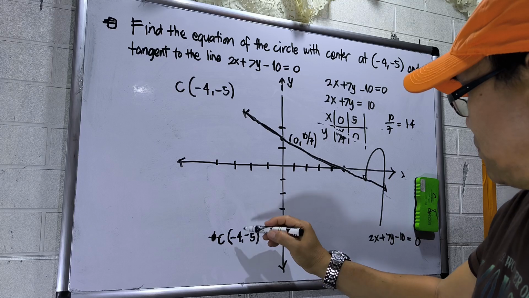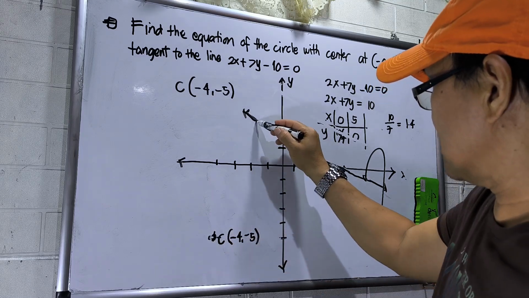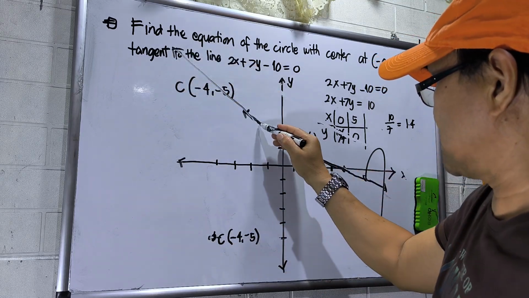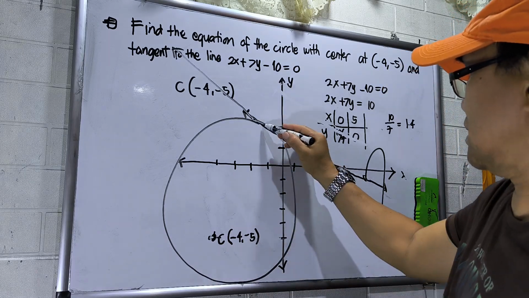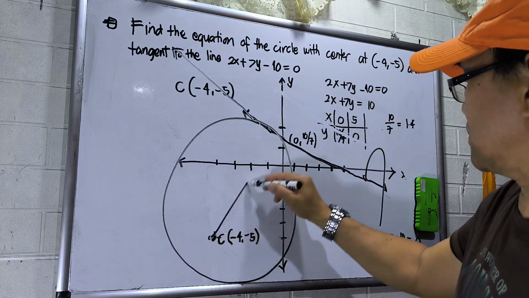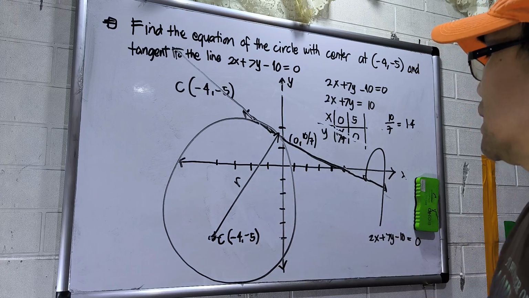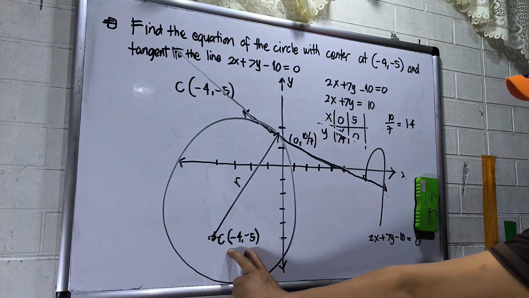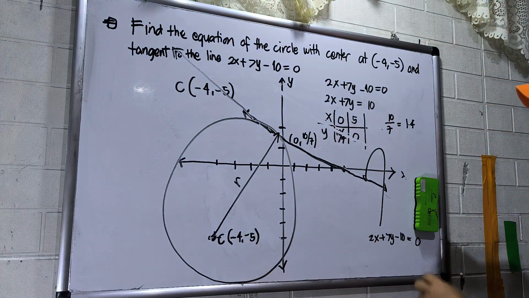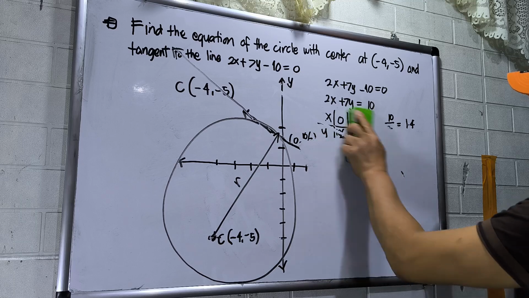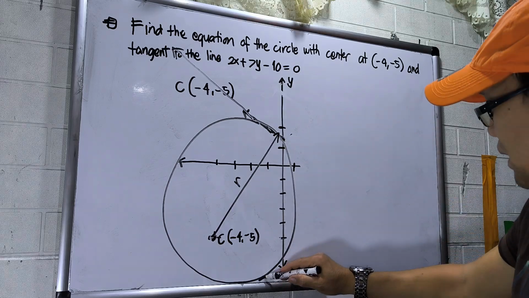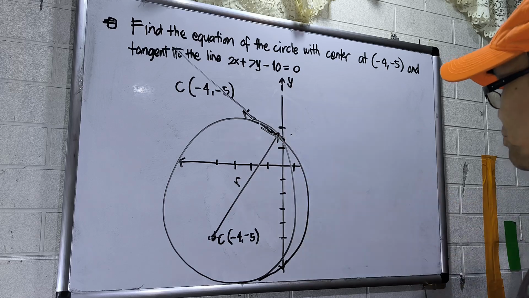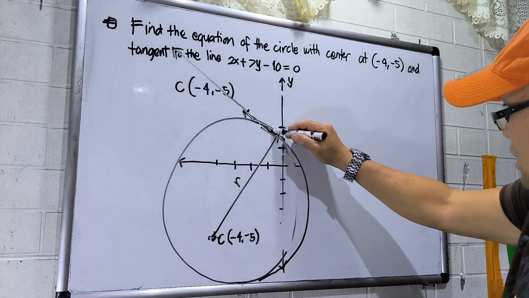Here is the center at -4, -5, so just a big circle tangent to the line. We don't have the r, but we are given the center, so we'll solve for the equation of the circle.